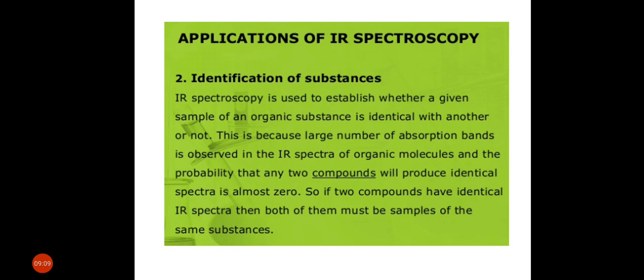This is because a large number of absorption bands are observed in the IR spectra of organic molecules, and the probability that any two compounds will produce identical spectra is almost zero.